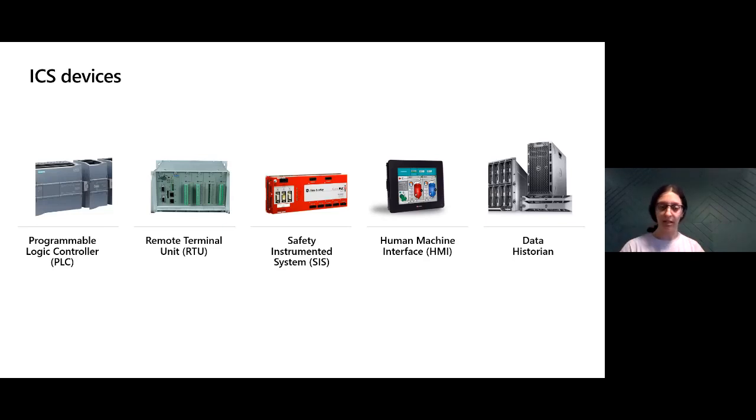We have safety systems, and HMI stations that enable human operators to monitor and control equipment. And the last example is the data historian that keeps logs for running processes and enables further analysis and statistical evaluation.